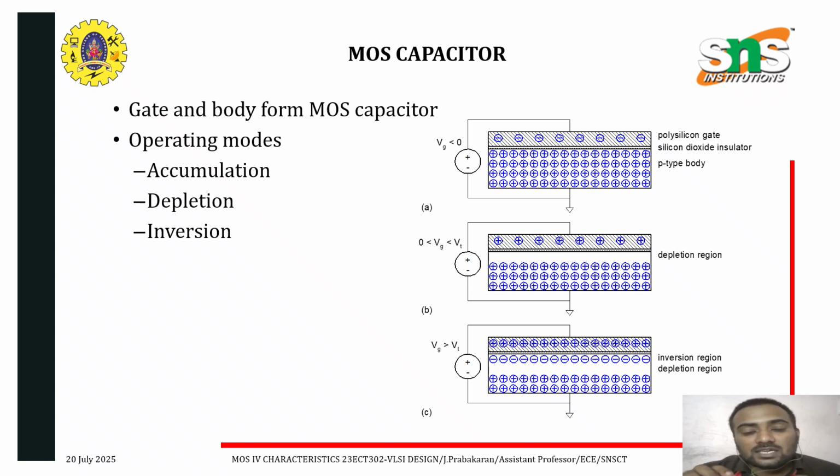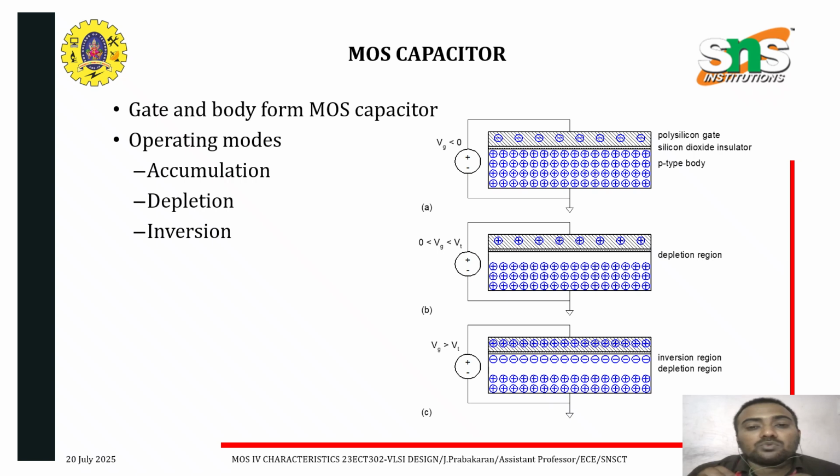The semiconductor undergoes different operating regions. Operating regions in MOS capacitance are accumulation mode, depletion mode, and inversion mode. Let me discuss how the MOS capacitance behaves in accumulation, depletion, and inversion mode.